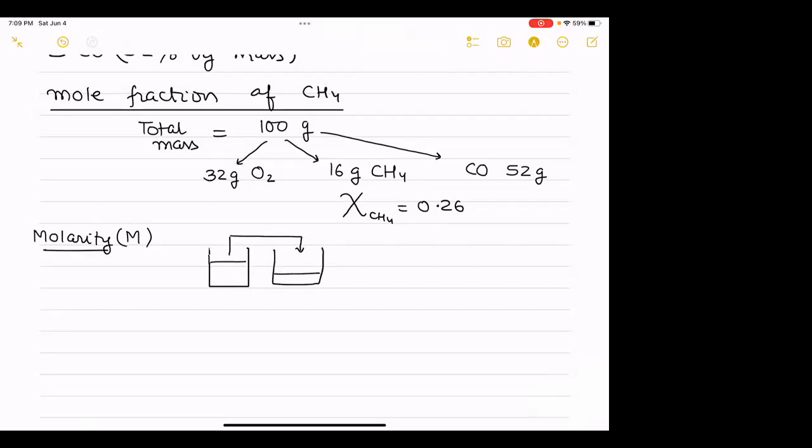Yes, sir. So if I take the same solution and divide it into two, what do you think? I think it will remain the same. Yeah, molarity is going to remain the same actually.